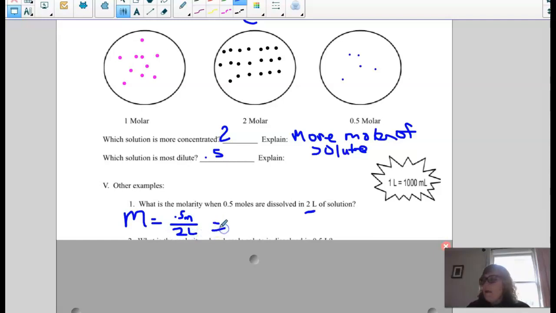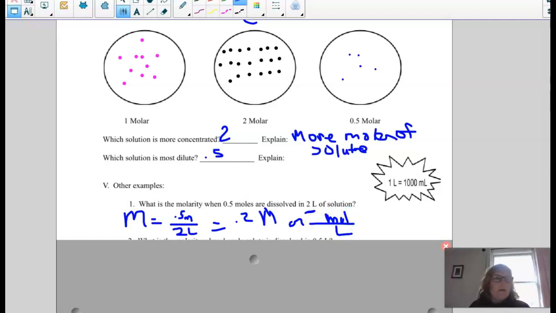So if I take 0.5 and I divide by 2, I'm going to get a molarity of, it says 0.25, but because of sig figs, I'm just going to say 0.2 molarity with the capital M, or you could also write moles per liter.